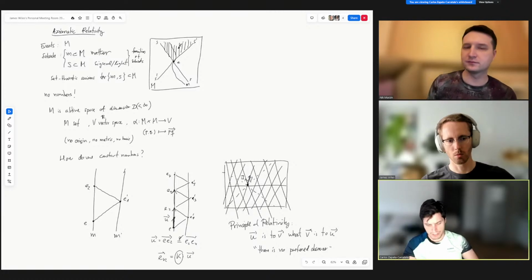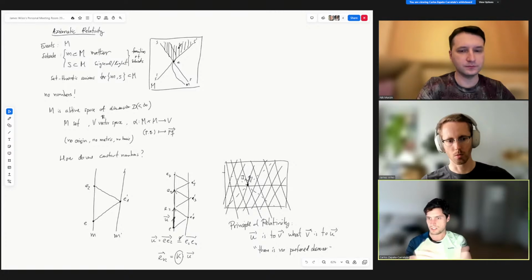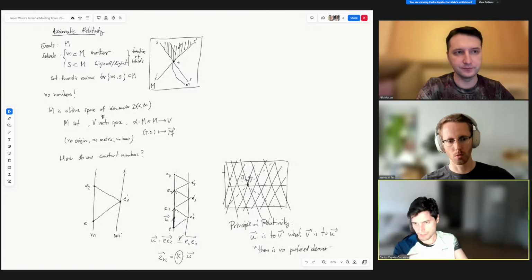It might be that the principle of relativity was in fact written as U is to W the same as V is to W, and so what U is to V has to be relational in this sense, right? But that might actually be a second step, and the principle of relativity might really be the fact that there's no one preferred. So I just wanted to bring this up.